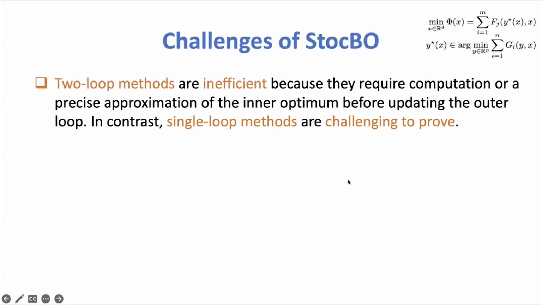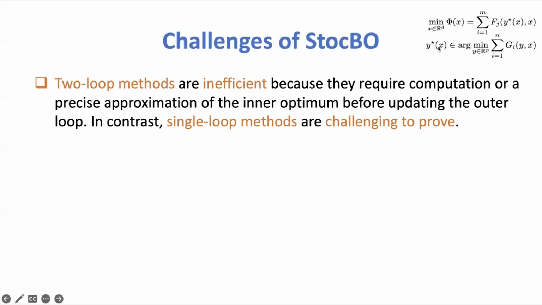So what is the difficulty of stochastic bilevel optimization? At least from our perspective, there are three essential challenges. Firstly, as we can see from the structure of SBO, an intuitive way is to first obtain a good estimation of the optimal y star, or just compute the exact y star given x.